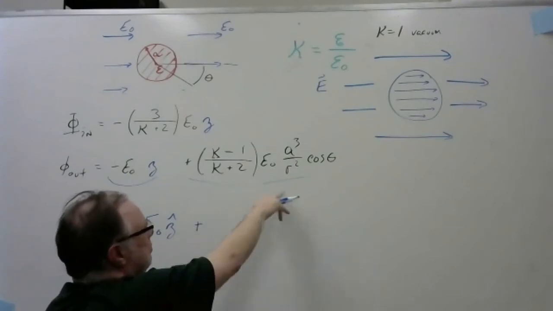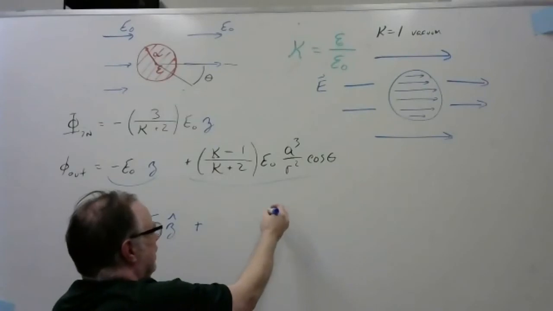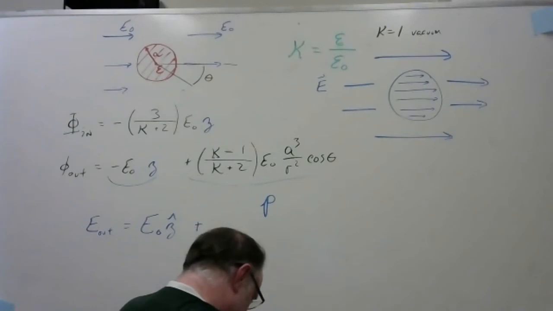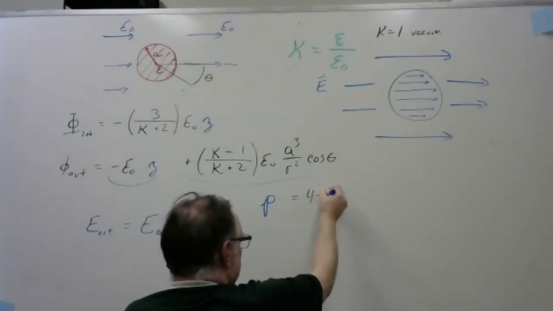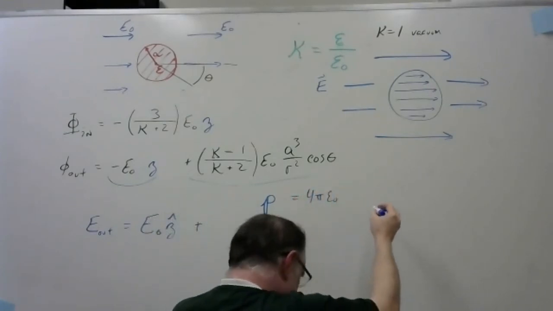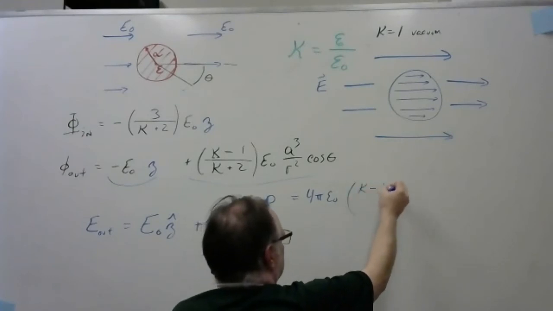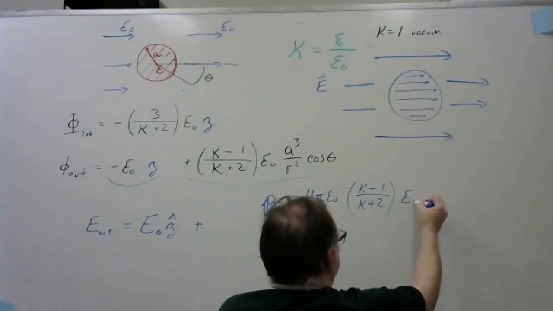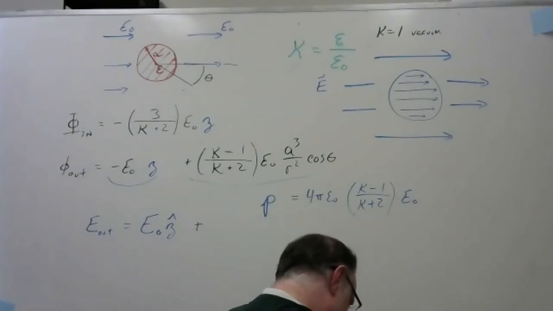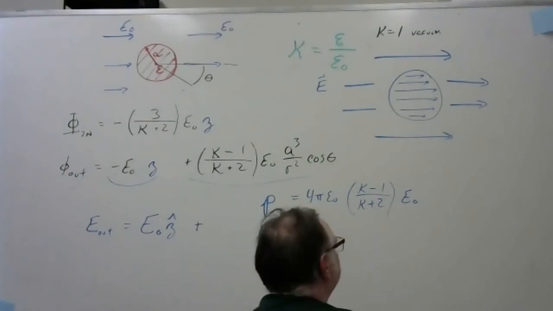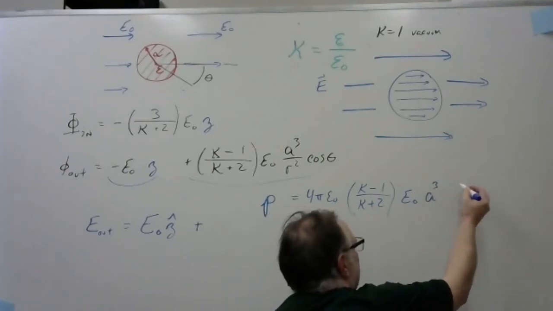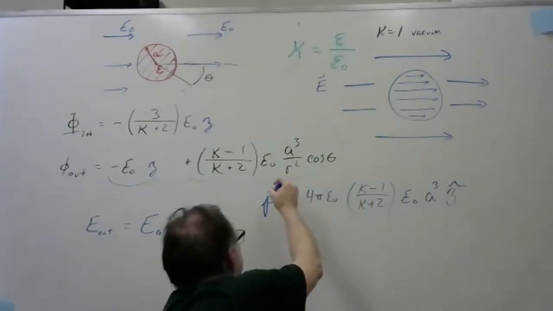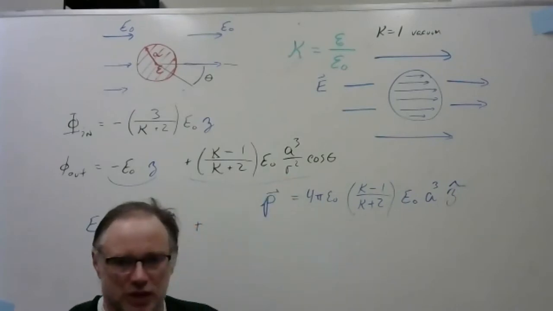P is a little bit hard to see, so let me just show you. If you have the dipole little p equal to 4 pi epsilon naught multiplied by this stuff, multiplied by E naught A cubed, and we put that in the z direction.